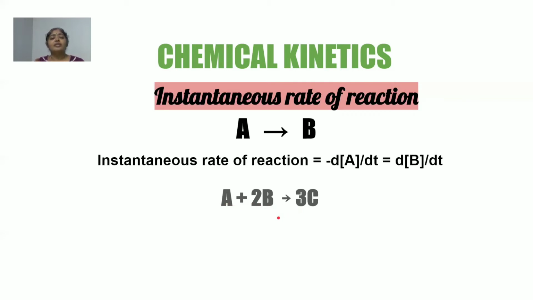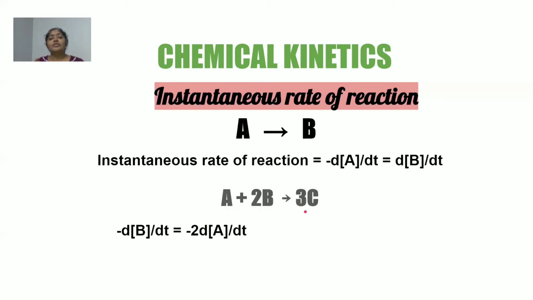So I can say if I'm denoting the rate of consumption of B, then the rate of consumption of B is 2 times the rate of consumption of A. And similarly between A and C, you can see for every mole of A, 3 moles of C are being produced.